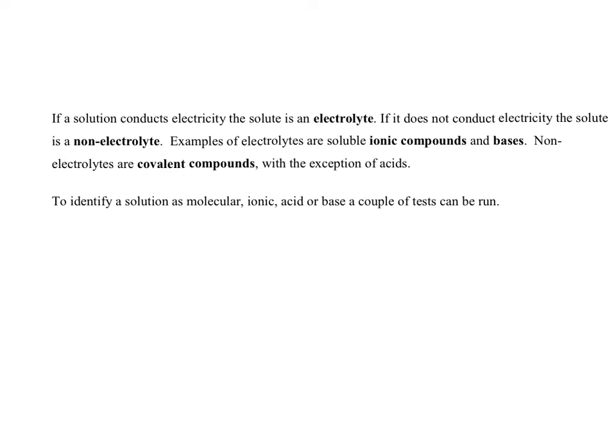If it does not conduct electricity, the solute is a non-electrolyte. Examples of electrolytes are soluble ionic compounds and bases. Non-electrolytes are covalent compounds with the exceptions of acids, and that's because acids ionize and produce ions, so they would fall under the general electrolyte grouping.